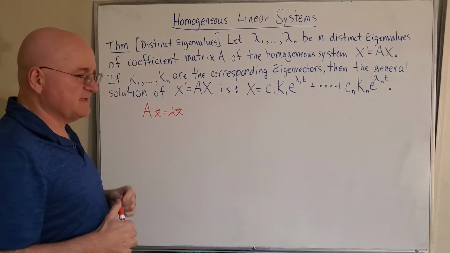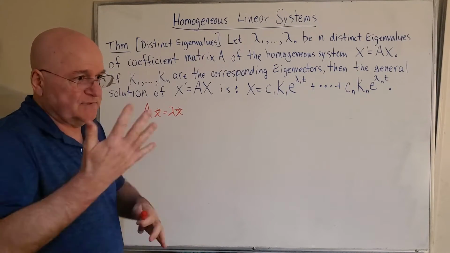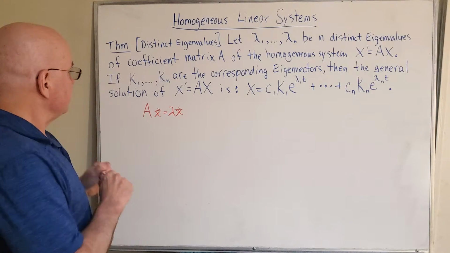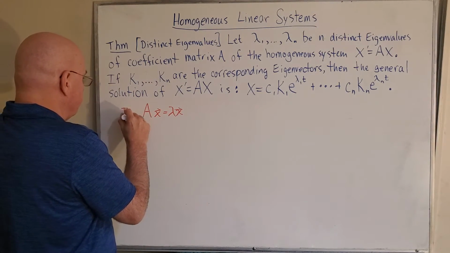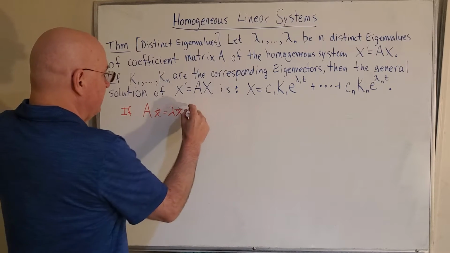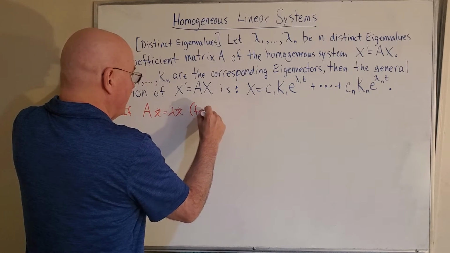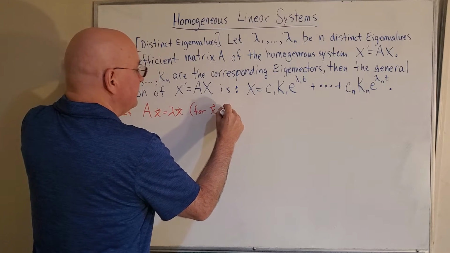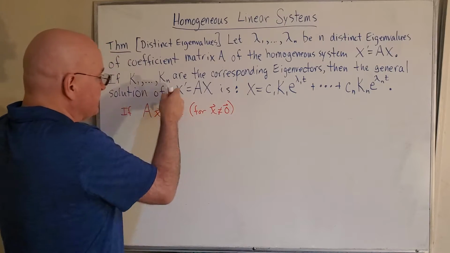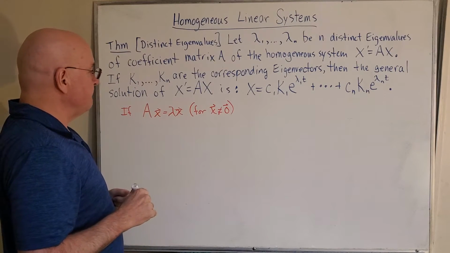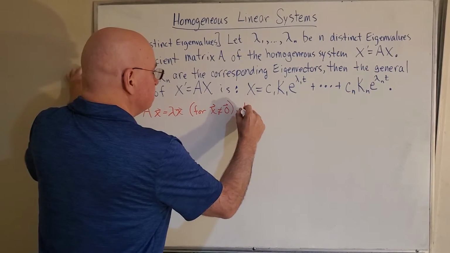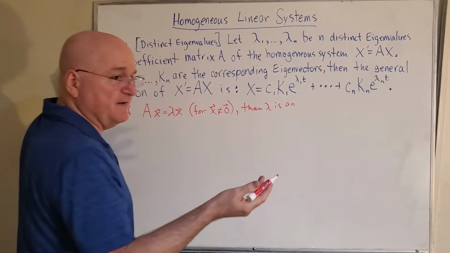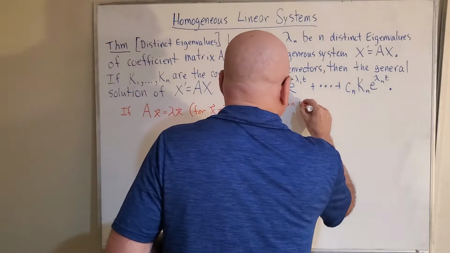So applying this matrix to that vector simply stretches it or shrinks it, basically. Could be in the negative direction. So if this is true, and I need to say for x not being the 0 vector, the column 0, if that's true, then lambda is an eigenvalue of A.